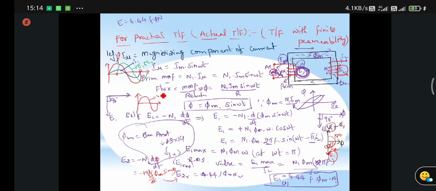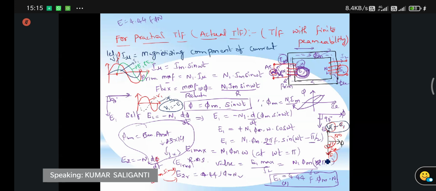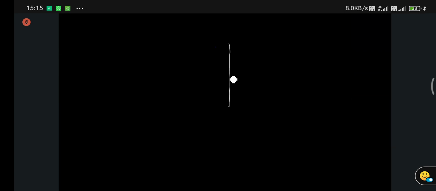This is the V1, and exactly opposite to it, this is the E1. That is V1 equal to minus E1. You should always remember, when you draw the phasor diagram, the flux is taken as the reference.